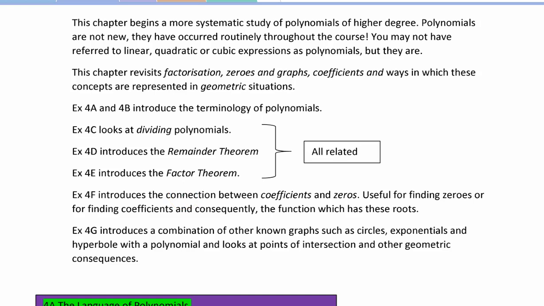I think the reassuring feature of this whole chapter is that once it was offered as an option at the end of Year 10. So keep that in mind. There's nothing really difficult about the concepts.